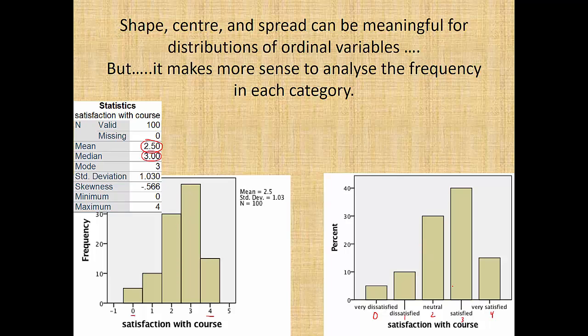But it makes much more sense to say, oh, over 40% of the students were satisfied and another 15 were very satisfied. So that makes a total of 55 students who are either satisfied or very satisfied. And we have 10% plus roughly 5%, which makes 15% who are either dissatisfied or very dissatisfied.